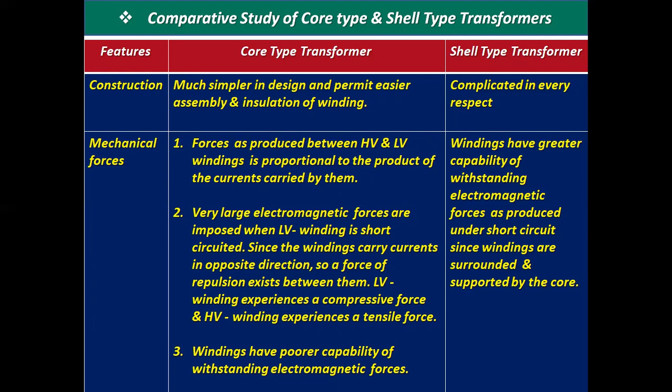Number three, windings have poorer capability of withstanding electromagnetic forces. Whereas shell type transformer windings have greater capability of withstanding electromagnetic forces produced under short circuit, since windings are surrounded as well as supported by the core.